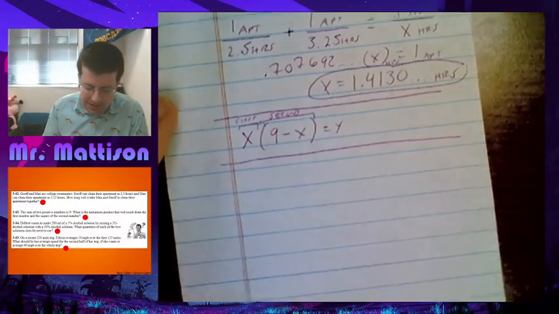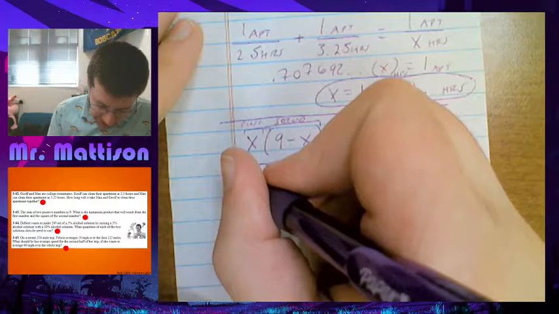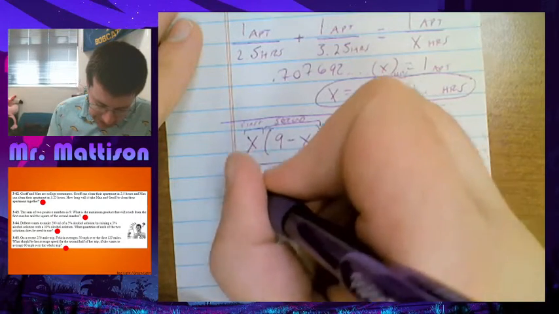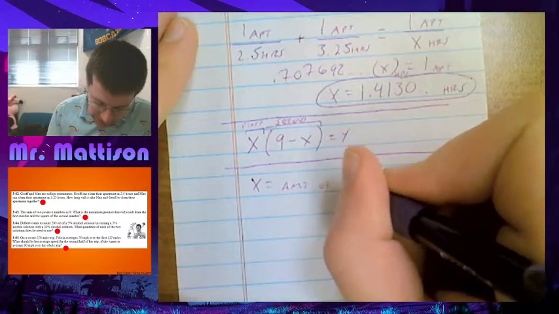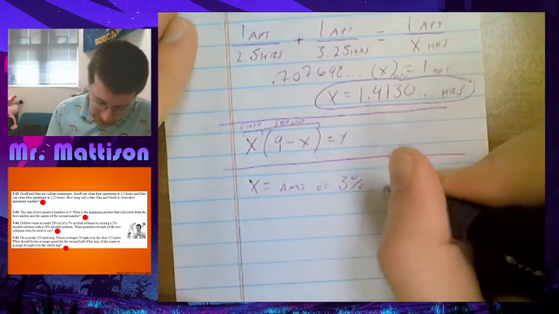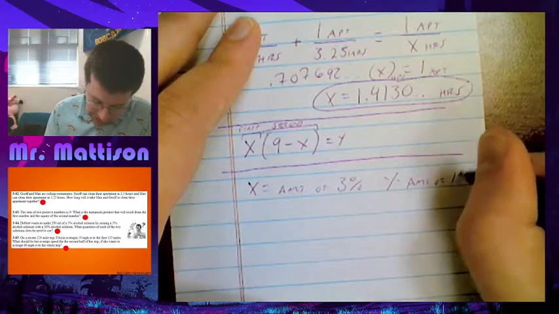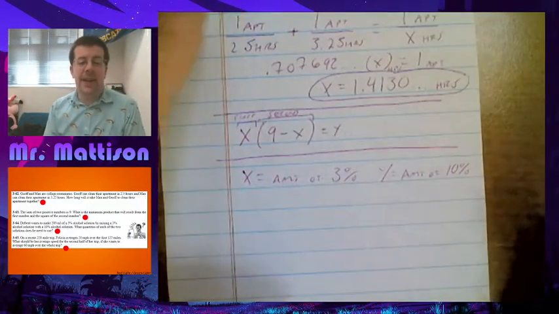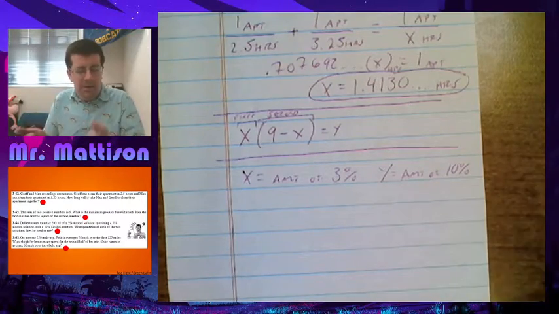So on that system, we're going to say x is the amount of 3%, and y is the amount of 10%. I'm going to define that first so that I don't make errors going forward and mix things up.